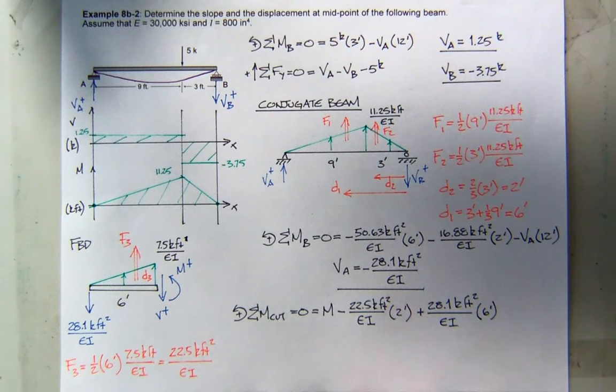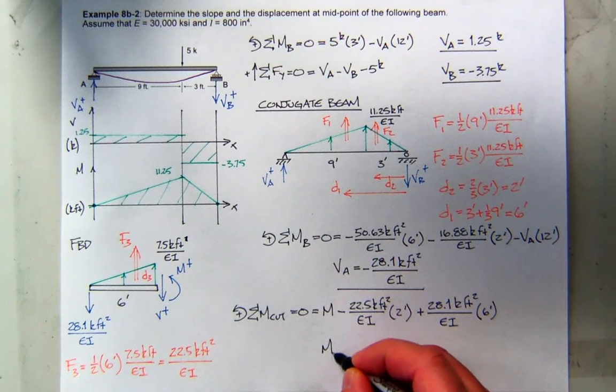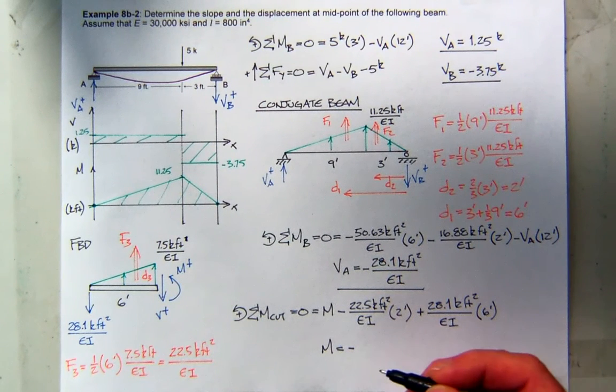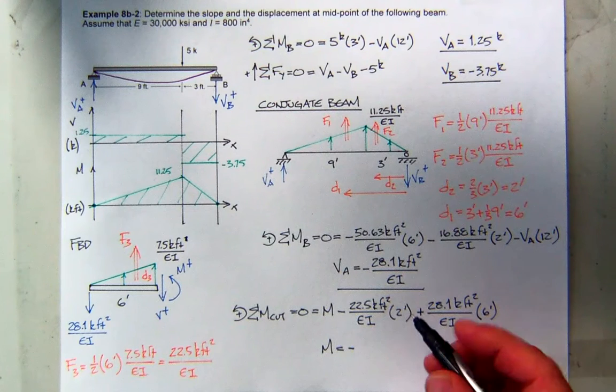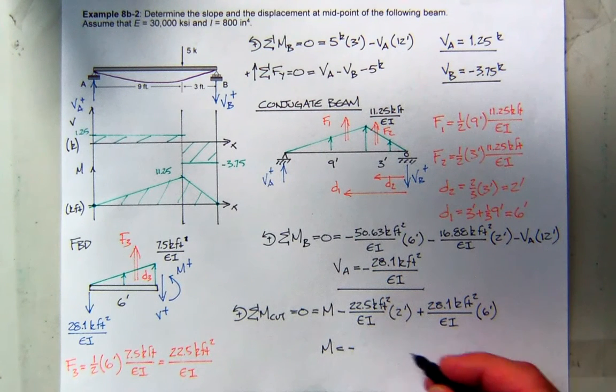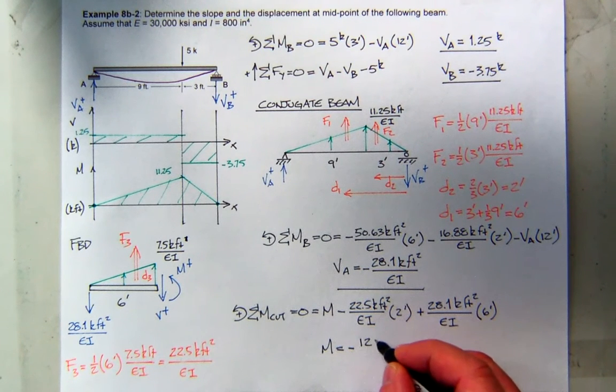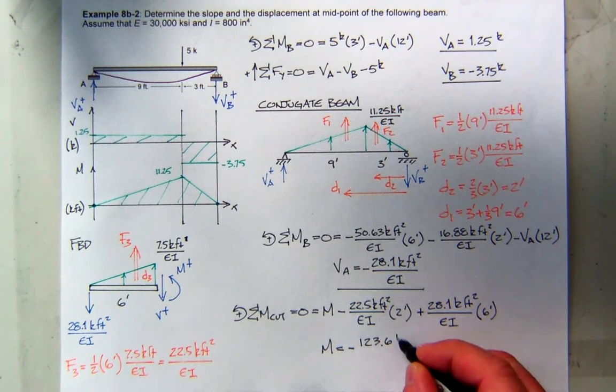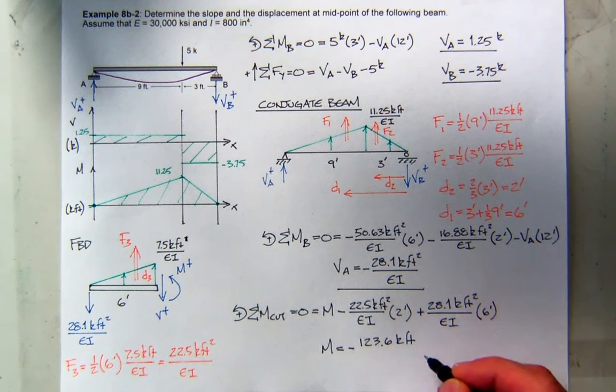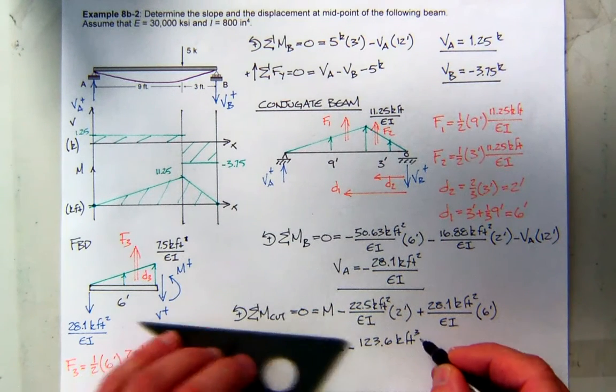And what is it? Negative 123.6. 123.6? Anybody else get that? Yes? 123.6, and that's going to be kip feet cubed over EI.